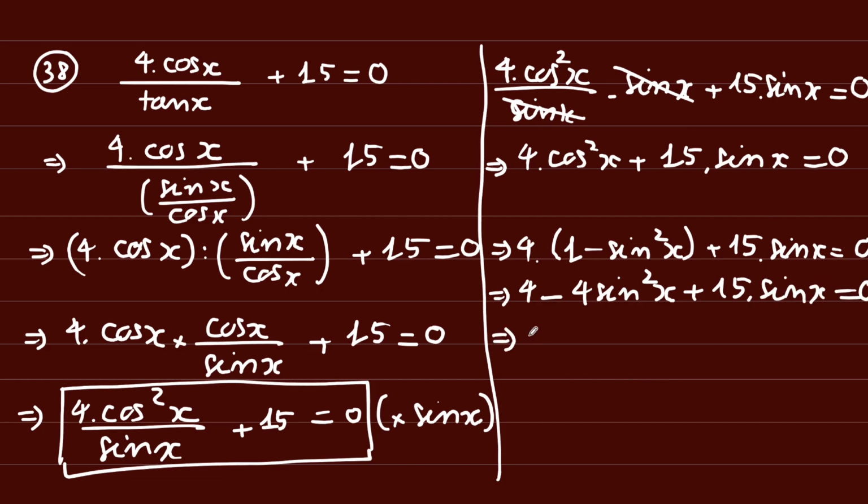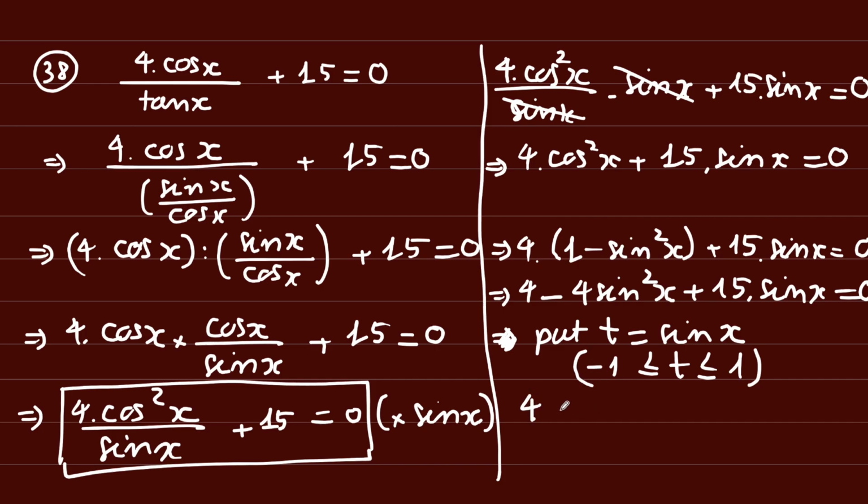And transposing here, we have a quadratic equation in t equal to sine h, with -1 less than or equal to t less than or equal to 1. And the equation you will get here is 4 minus 4 t squared plus 15 times t equal to 0. A little difficult, right? And now it's time to take the order of this quadratic equation.